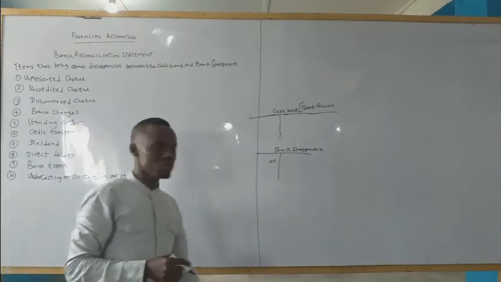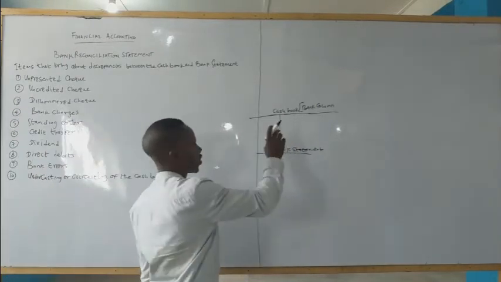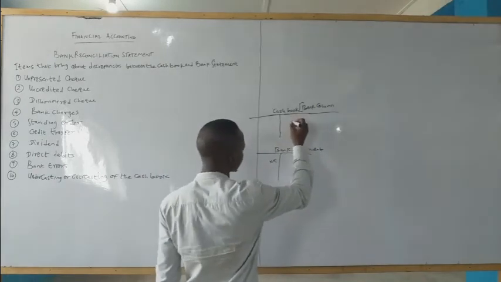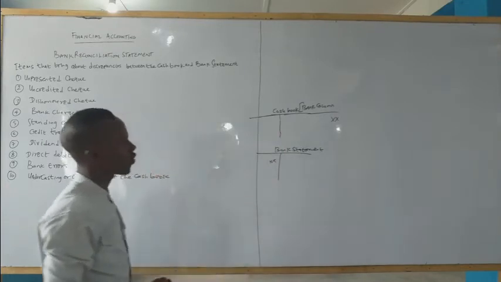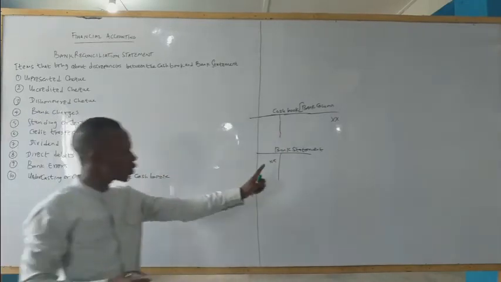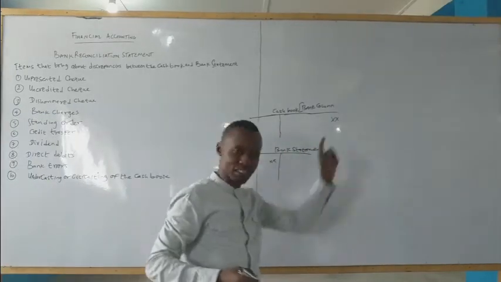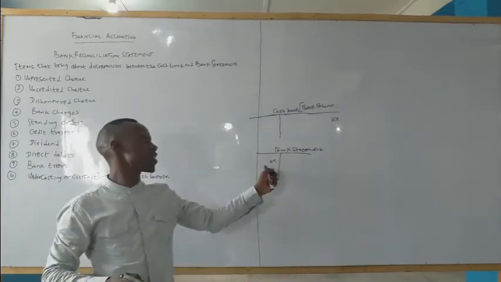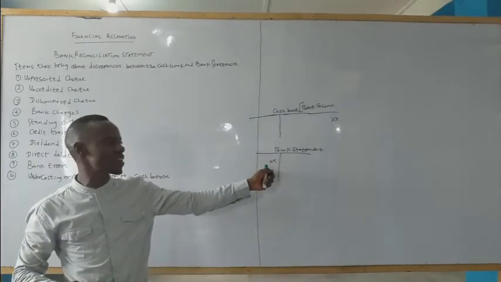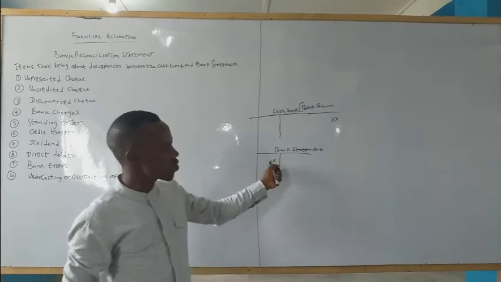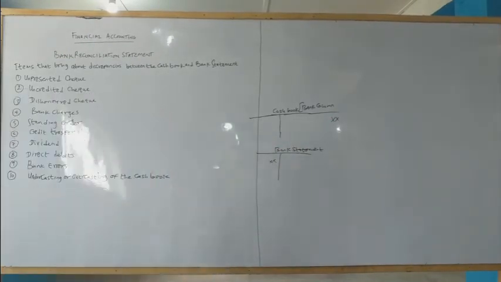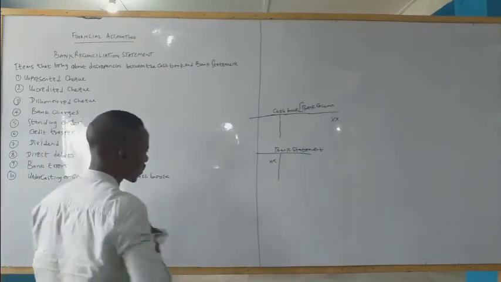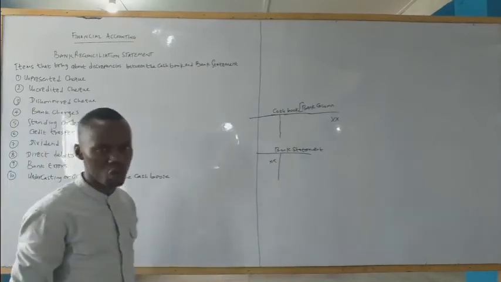So what do you do? You also have to come to your cash book and credit the bank column to make sure that the second entry is intact. They've debited your bank account, then you have to credit the bank column of your cash book to make sure that entry is complete.